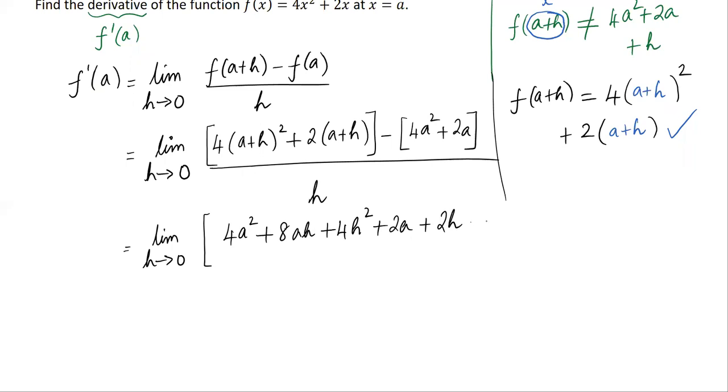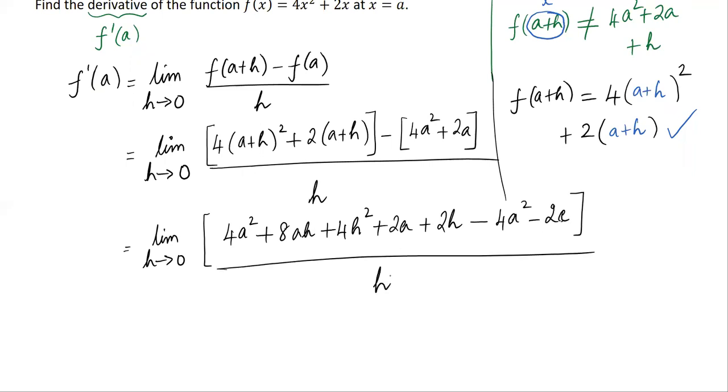Distribute, right? All over h. Okay. To know if you did this right, what should happen at the end is every term that does not contain an h in it will have to cancel off. This is crucial because you should be able to factor out an h from the leftover terms on the top, so that that h cancels off with the h at the bottom.